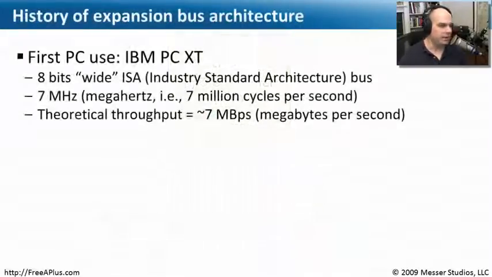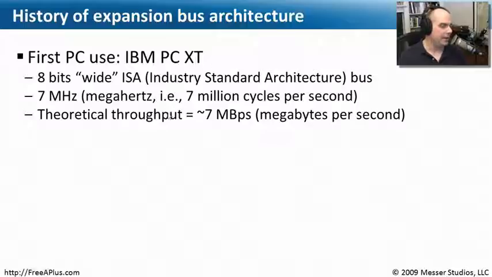We first started using these expansion buses in the IBM PCXT, the original PC. It was an ISA bus, an industry standard architecture bus that was 8 bits wide. And the idea is that the manufacturer could make the computer, but third parties could make expansion cards that would fit into this bus and use this industry standard architecture.